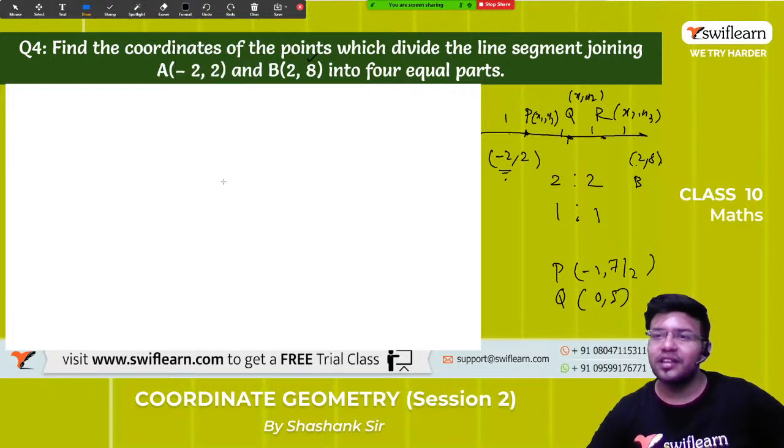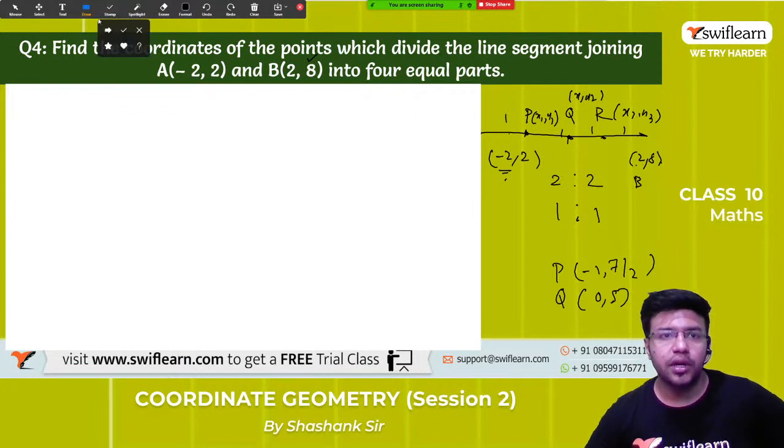Yes. Now solving for the last coordinate point R, it divides the line segment in what ratio? Can you tell me? Yes, you are right guys, it divides in the ratio of 3:1. So here M1 is 3, M2 is 1.